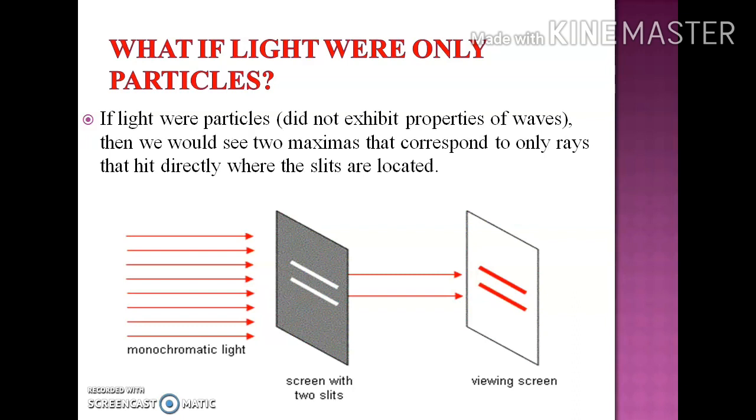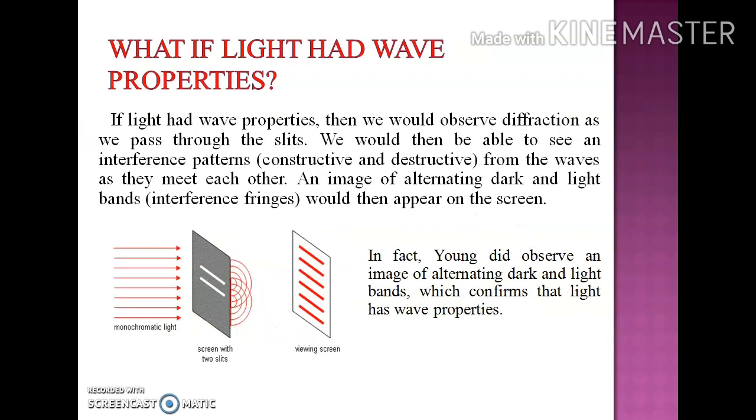It proves that light doesn't possess only particle nature, and it should have some other nature also. And what is that nature? If light had wave properties also, then light would pass through the slits S1 and S2 and form the alternate bright and dark fringes on the screen due to constructive and destructive interference.